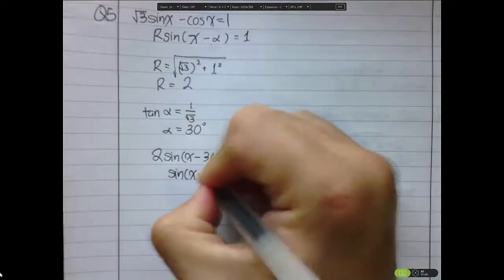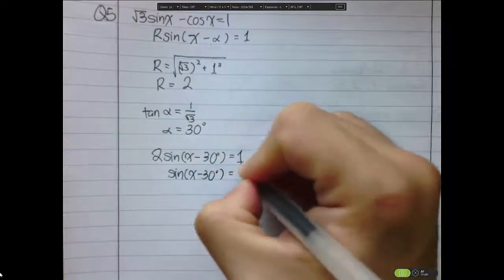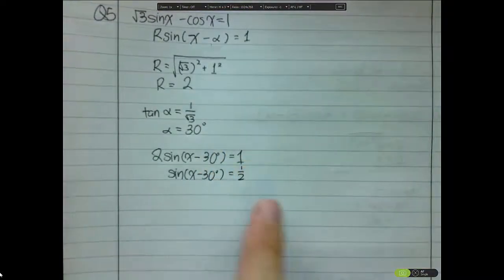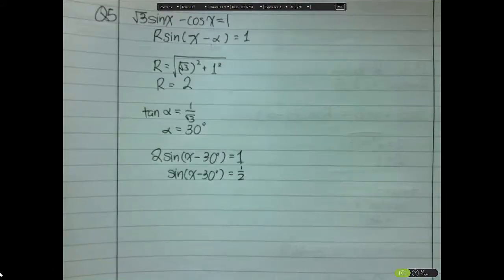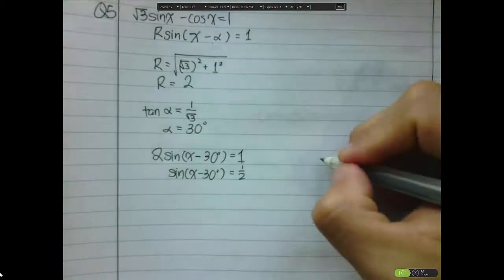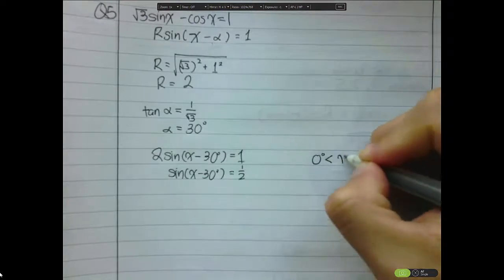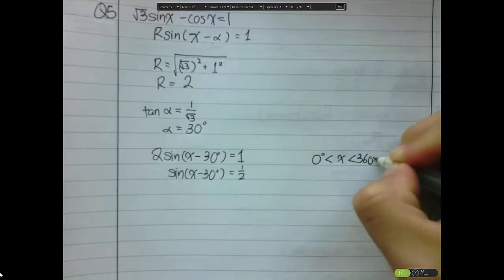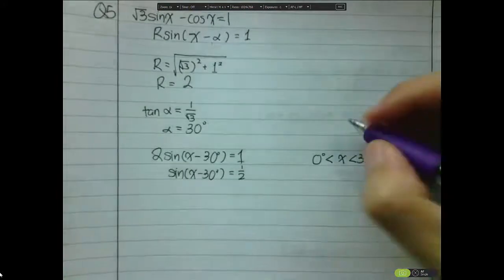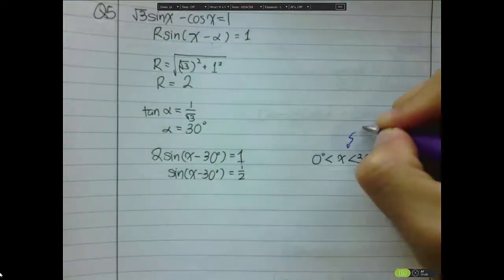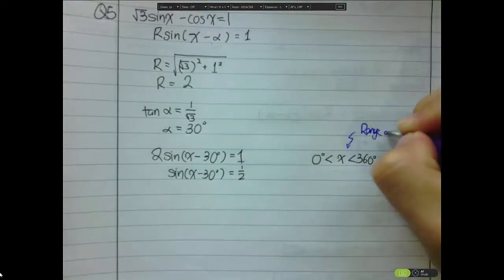Sine x minus 30 degrees equals to half. I inverse sine of half, but wait, they say they want you to solve from 0 degrees to 360 degrees for x. So we revise a bit of last year. What am I doing here is trying to see the range of values.